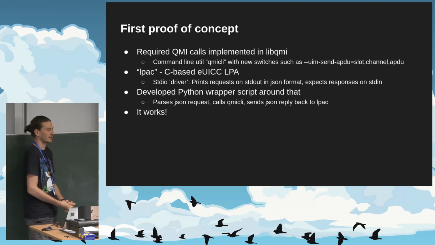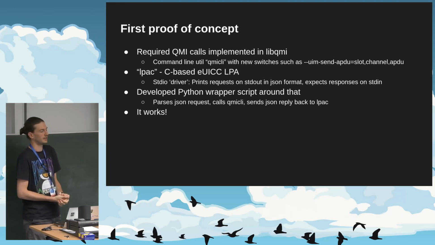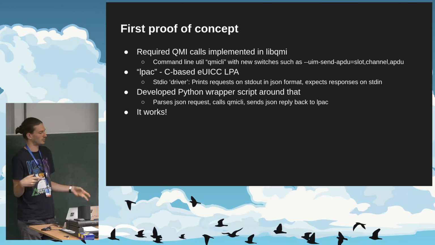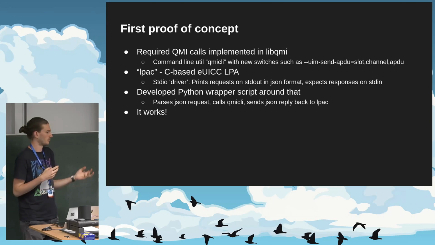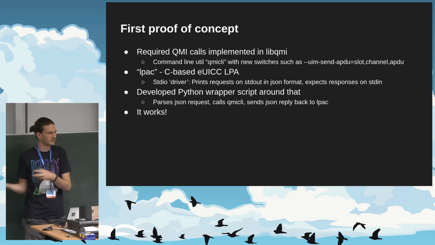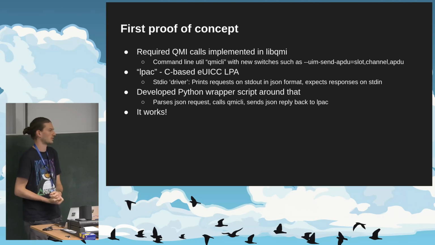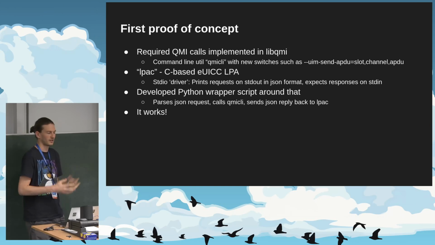And fortunately, this LPAC project has a stdio backend, which just prints the request that it wants to send to the modem in JSON format to stdout, and back in, it just expects the responses in JSON format on stdin. And this was really useful for trying it out the first time, because I had no clue if this was actually going to work.